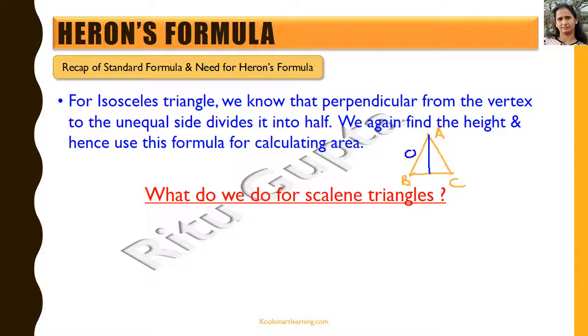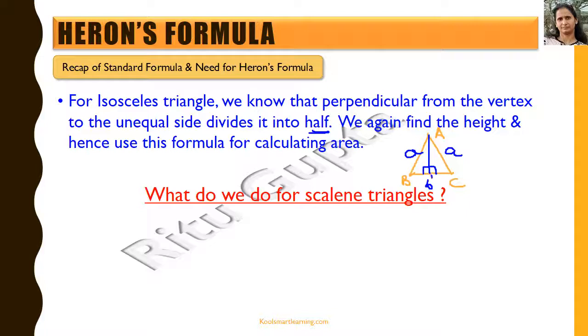So we know that the equal sides of the isosceles triangle are a and the base is b. So we again know that the perpendicular from the vertex will divide the base b into half. So this is also divided into half. So we get b by 2, b by 2.